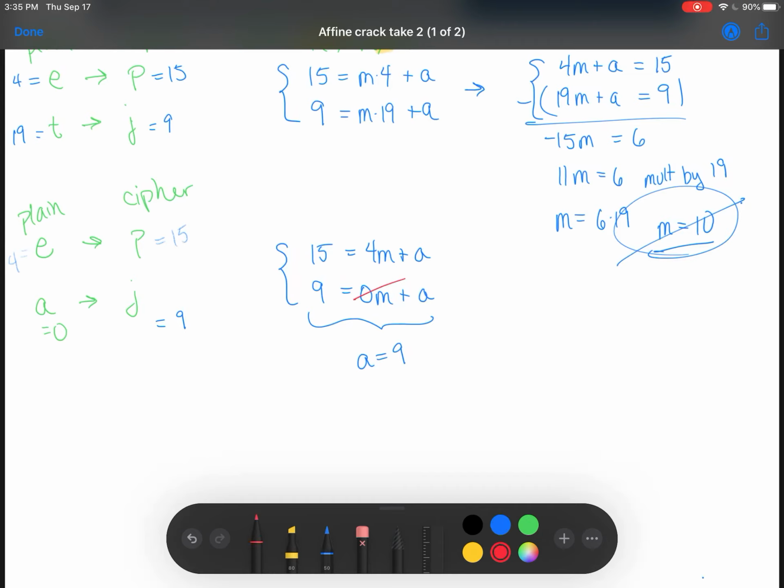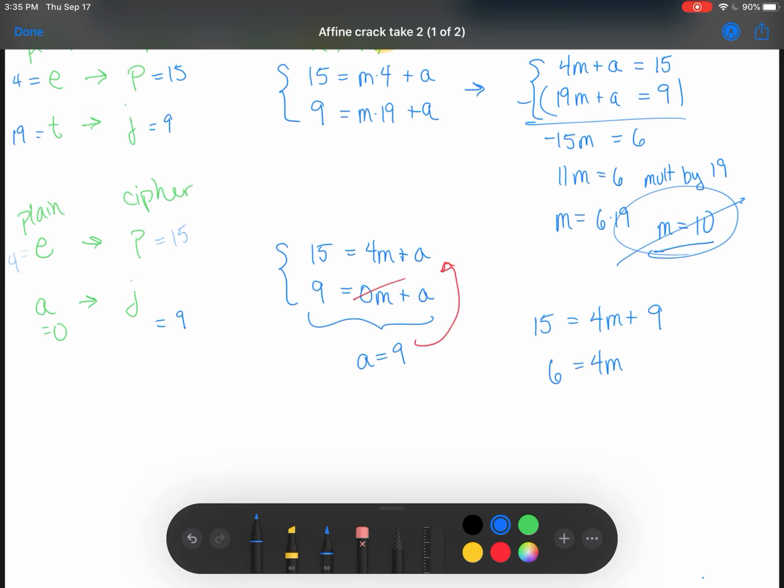But now we would still have to plug that value into our first equation to solve for m. So what does that give us? That gives us 15 equals 4m plus A, but we're using A is equal to 9. So we subtract 9 from each side, and we get 4m equals 6.